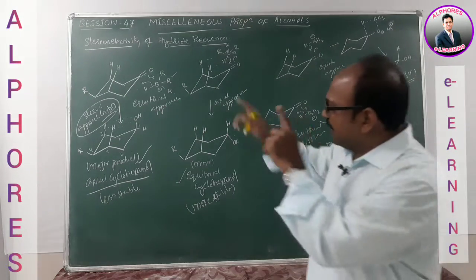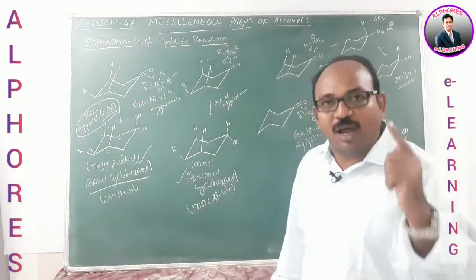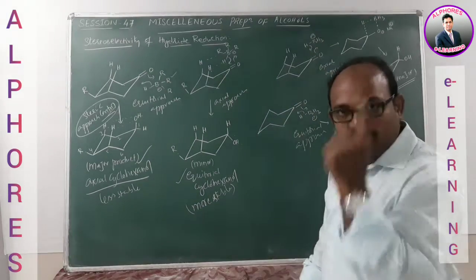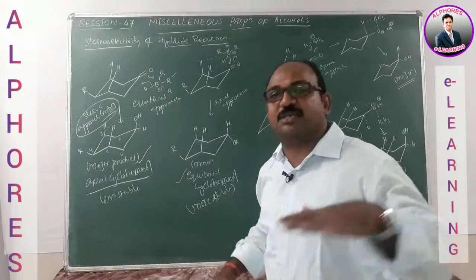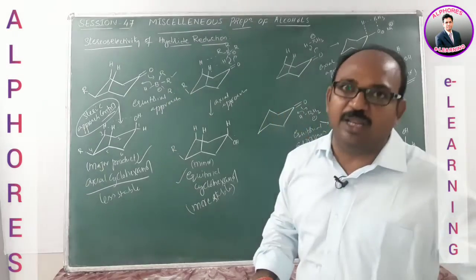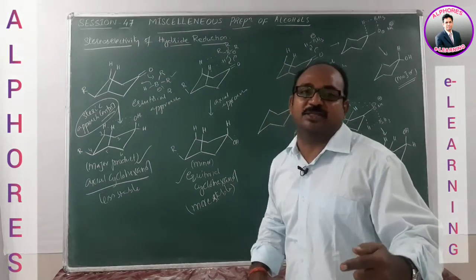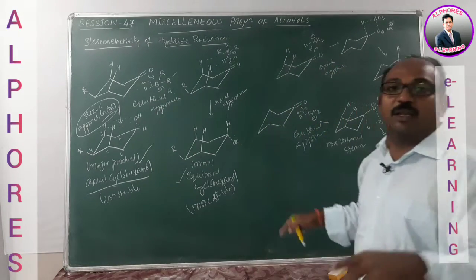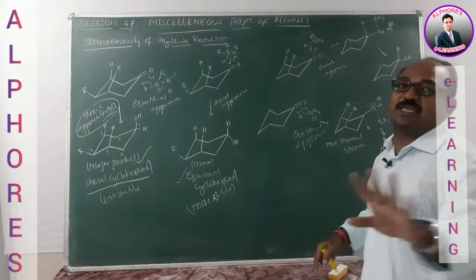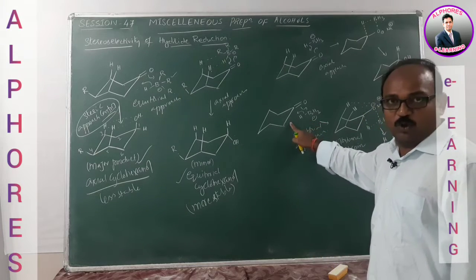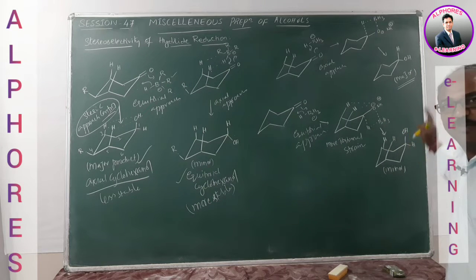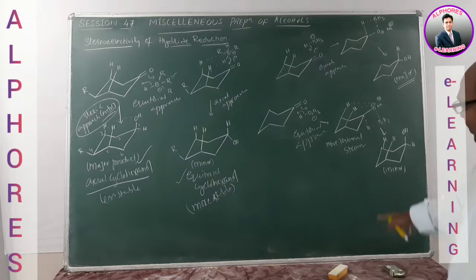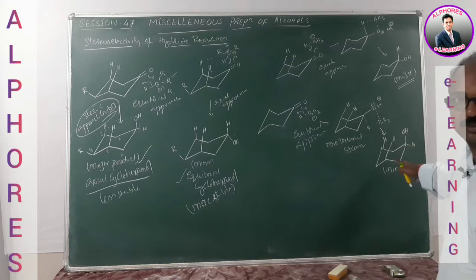Now, what I explained in the first case, why is it not applicable in the second case? In the first case, you mentioned that equatorial approach is less hindered, it can approach freely. So if we apply the same concept here, equatorial approach is less hindered, hence you are getting the axial alcohol, and this product must be minor. Sir, maybe you wrote it wrong, please correct that. You may think like that? No. Whatever I wrote here is correct.